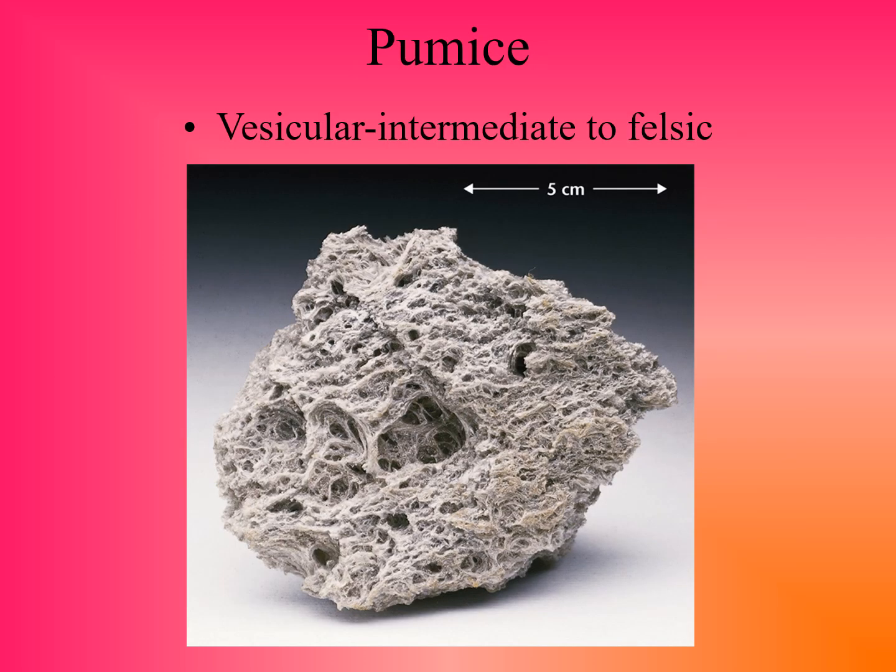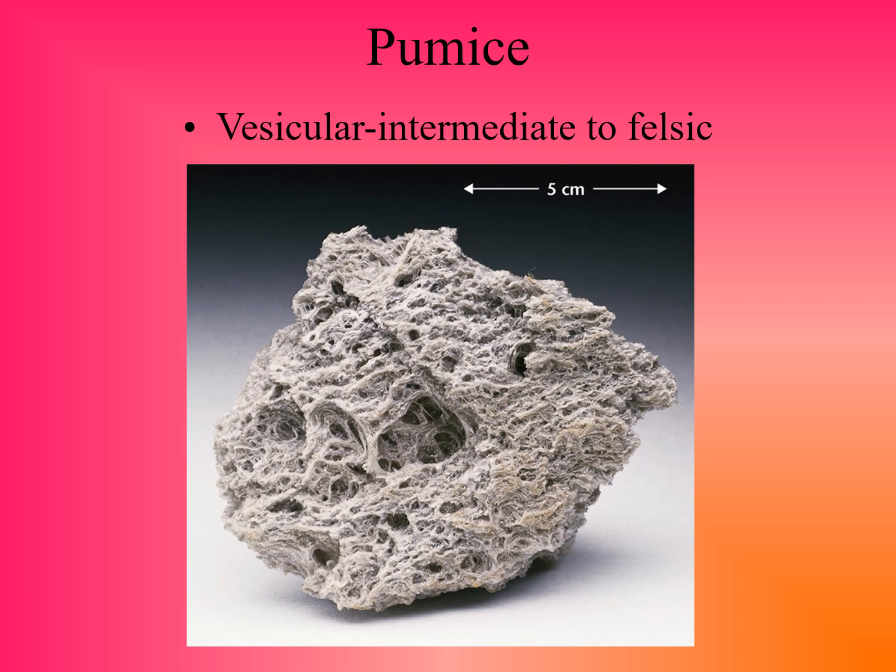Then you have the glassy ones that get blown apart in an explosive eruption, which tend to be felsic to intermediate. They have lots of vesicles in them, and these cooled in the air as that magma was being blown apart into small fragments, and that forms the rock in your kit called pumice.